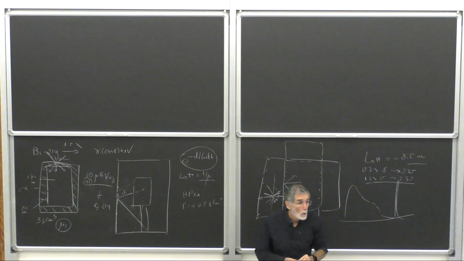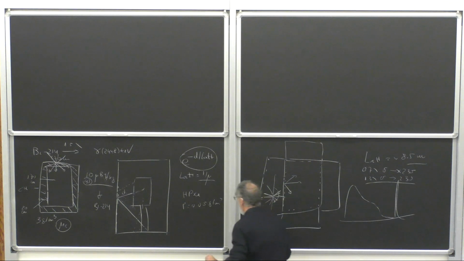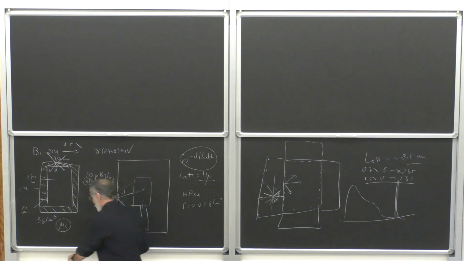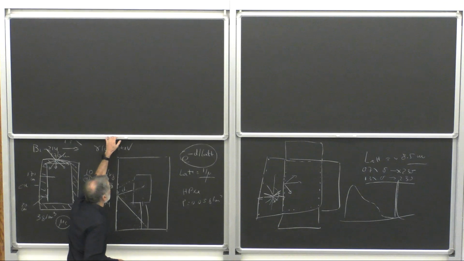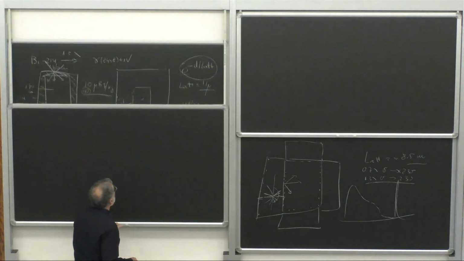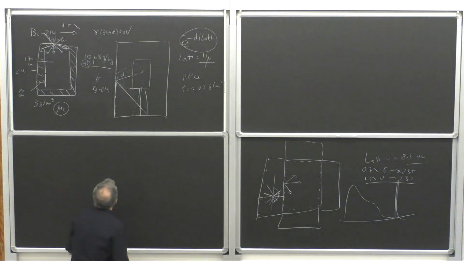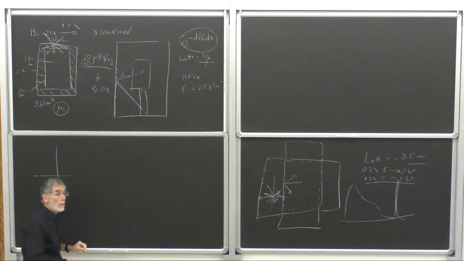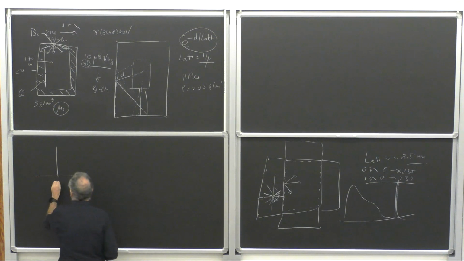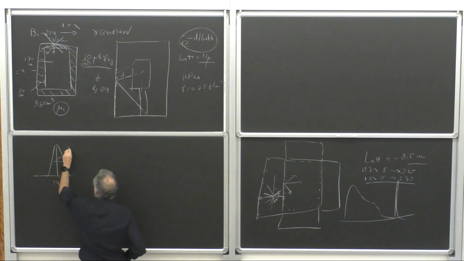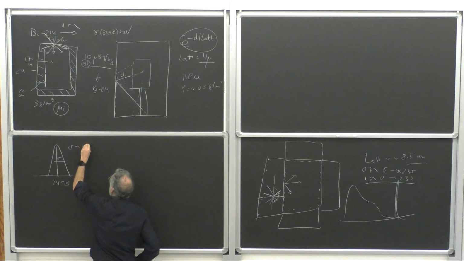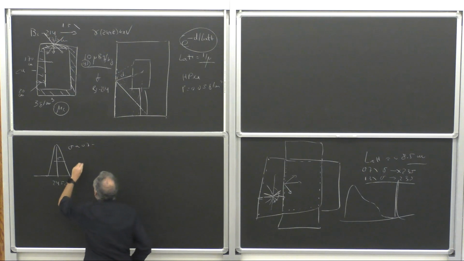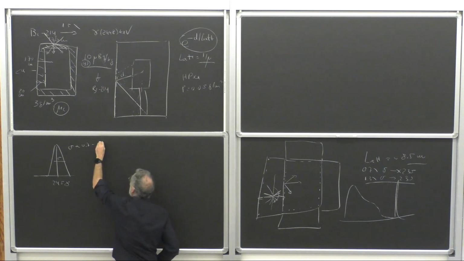So now you have your signal, which is at 2458, and you have some resolution sigma, anything between 0.7% and 1.1%.